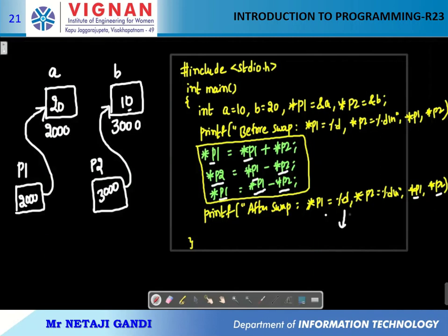So after swapping star p1 content is 20 and star p2 content is 10. Before swapping, star p1 was pointing to a and the p2 pointer was pointing to b, okay. So that is 10 and 20 initially, but after performing swapping it is 20 and 10.